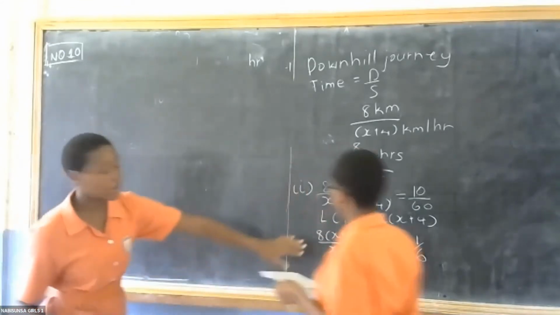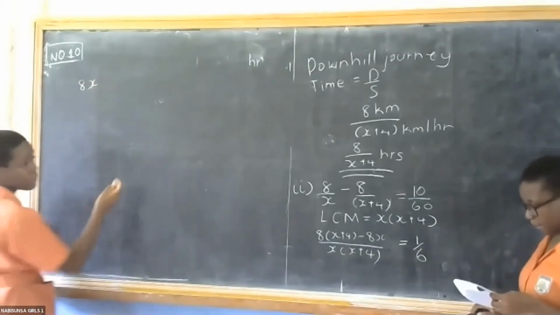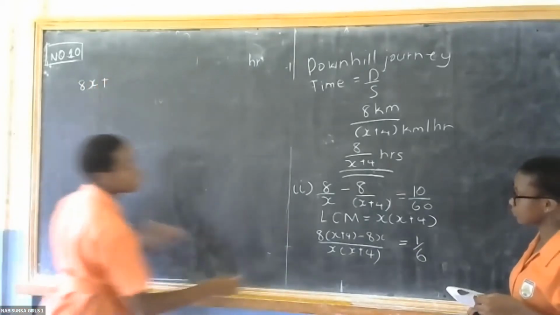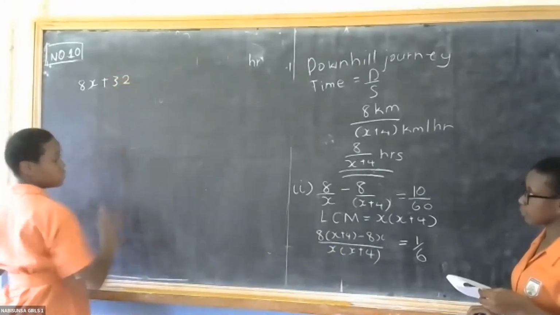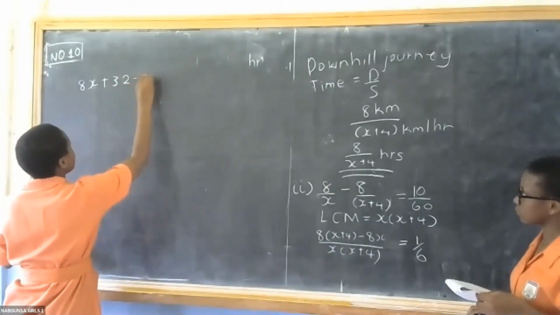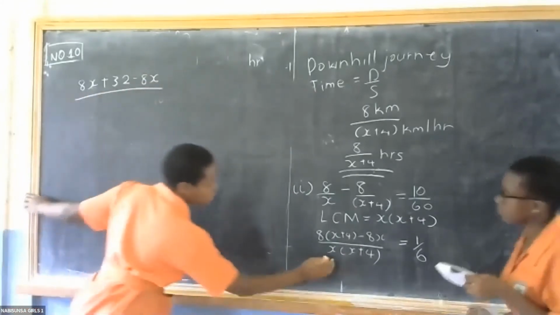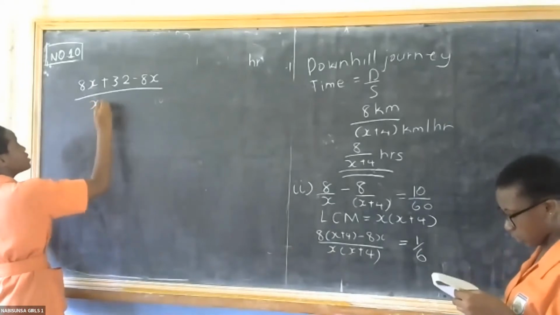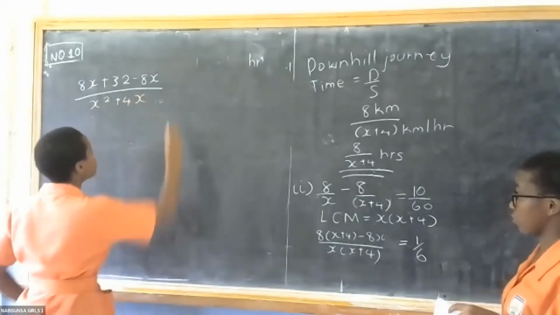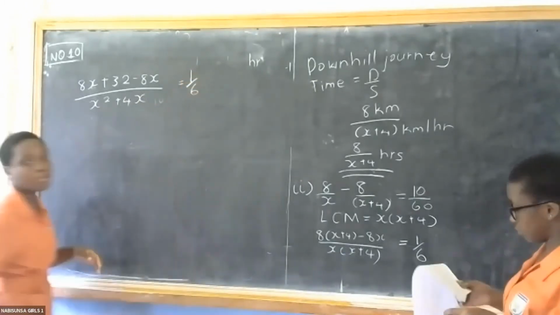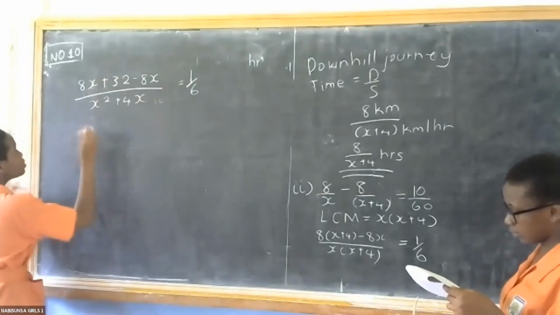So when we continue, we expand that. So we say 8x plus 8 times 4 will be 32, minus our 8x, out of the LCM, which we can decide to expand: x squared plus 4x is equal to the time. So when you reach this point, you can decide to cross multiply.